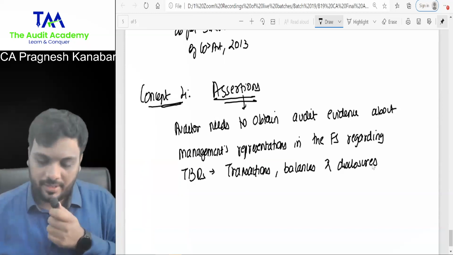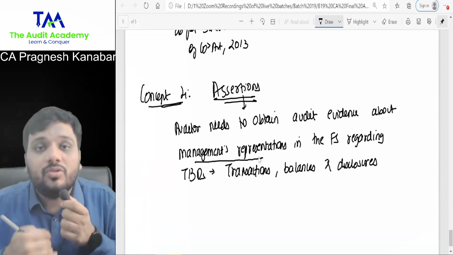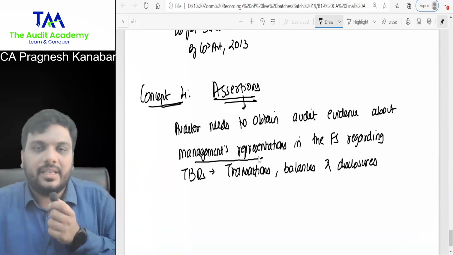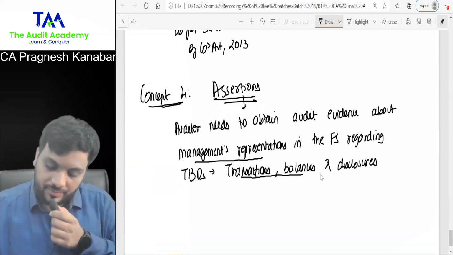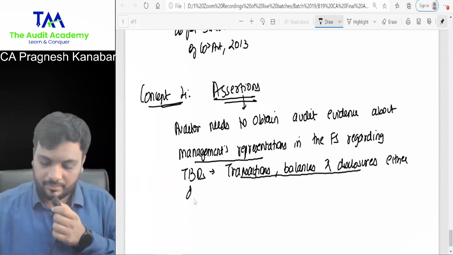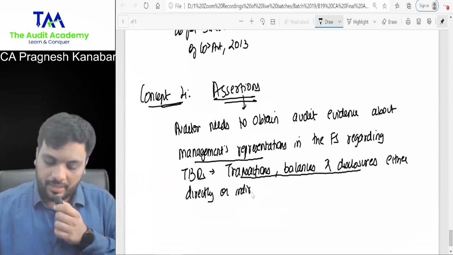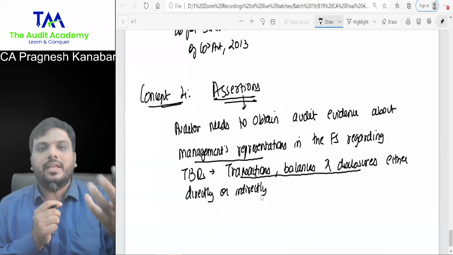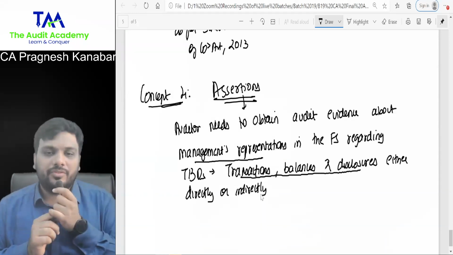Right. So whatever management is trying to represent in the financial statement regarding the transactions, balances, and disclosures, either directly or indirectly, that is exactly for me nothing else but assertions of the management.